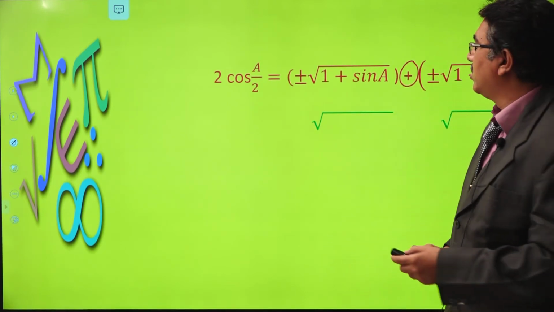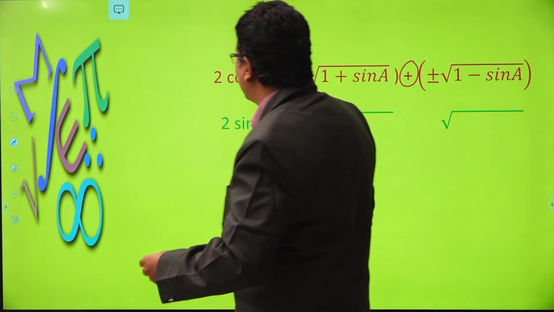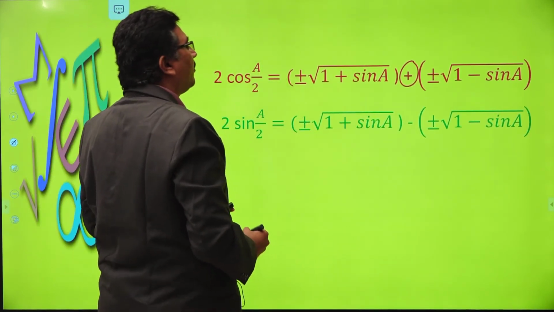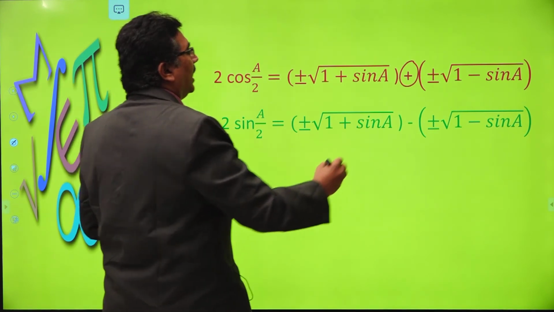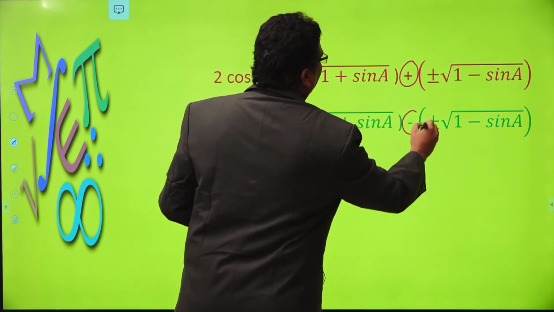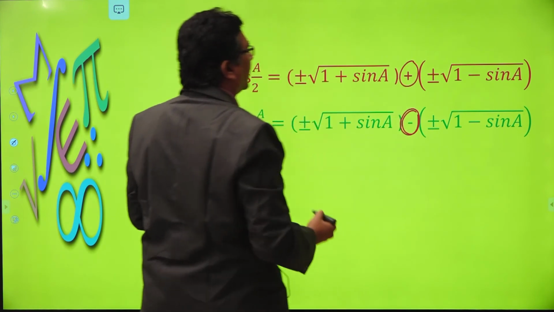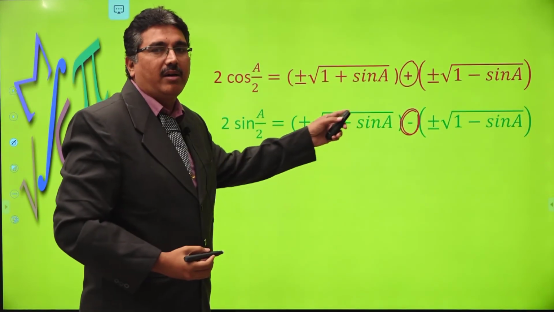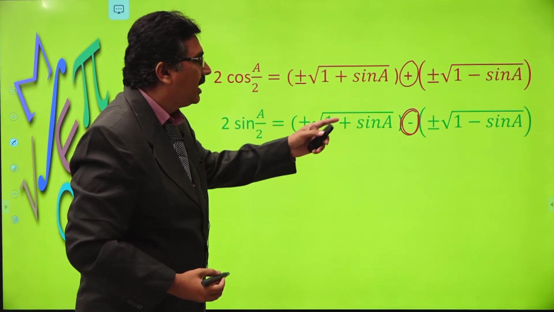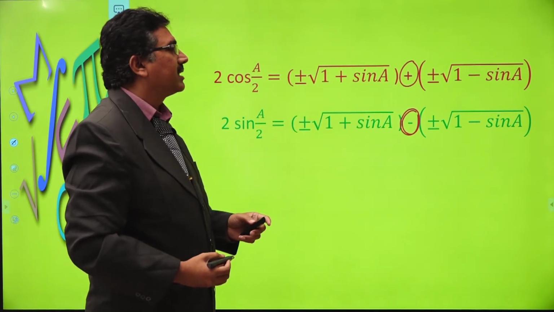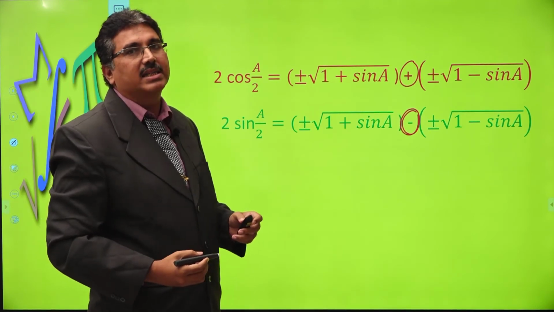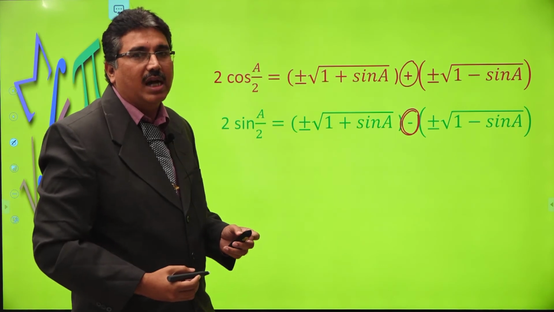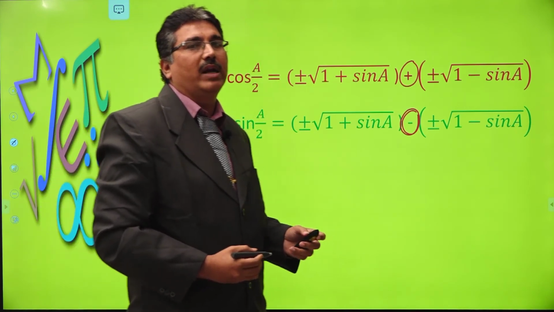Now 2 sin a/2 is equal to plus or minus square root of 1 plus sin a, here minus sign, this is very important, minus plus or minus square root of 1 minus sin a. See the values of cos a/2 and sin a/2.